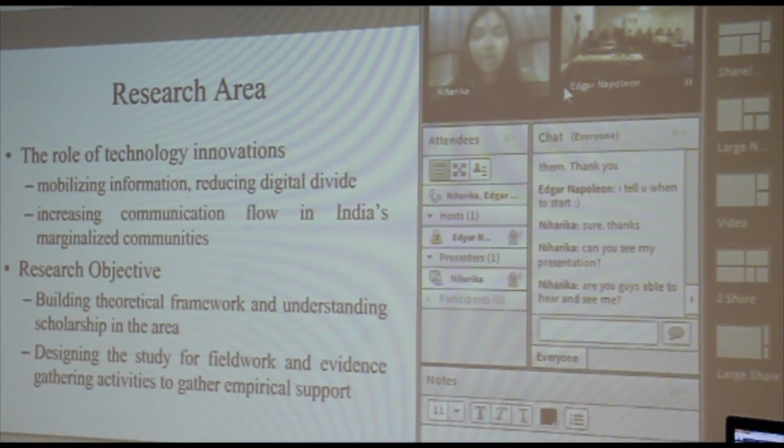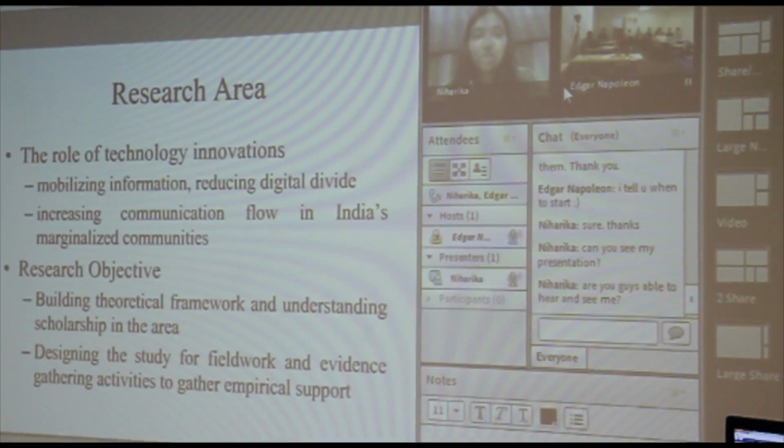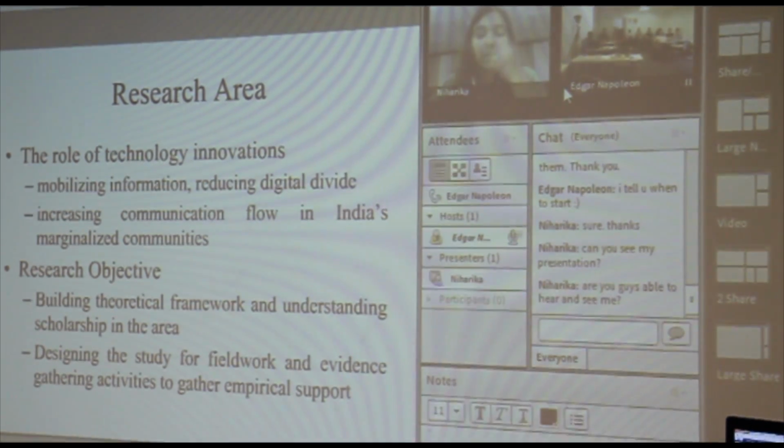So we are looking at marginalized communities and bottom of the pyramid communities in India, where it's very difficult to have access to any kind of communication devices and information, hence is a problem for them.